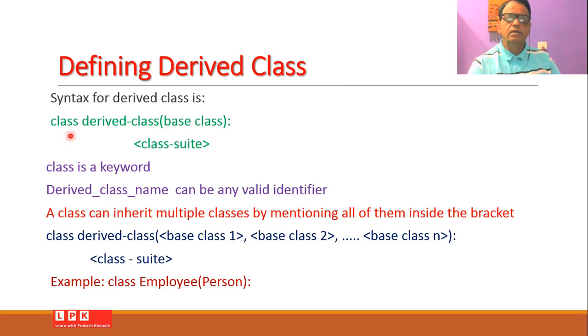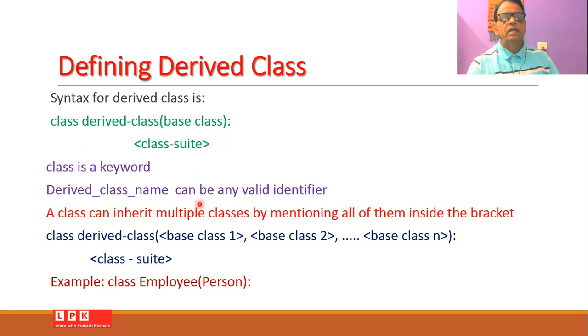Initially we write the keyword class, then the derived class name. In the brackets we write the base class, followed by a colon, and then we write the different statements, called the class suite, which belong to the derived class. Here class is a keyword, and the derived class name can be any valid identifier.